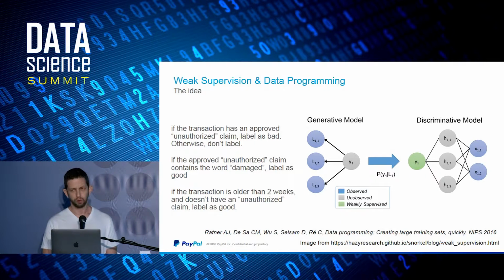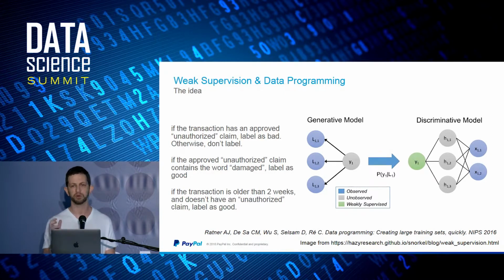What we do know, we model as labeling functions. We can have many labeling functions. Each labeling function takes as input a transaction, and as output it either labels this example as positive or negative, or it can abstain.